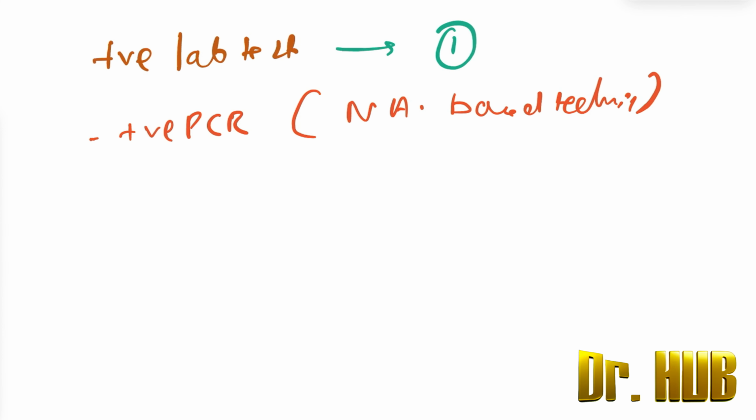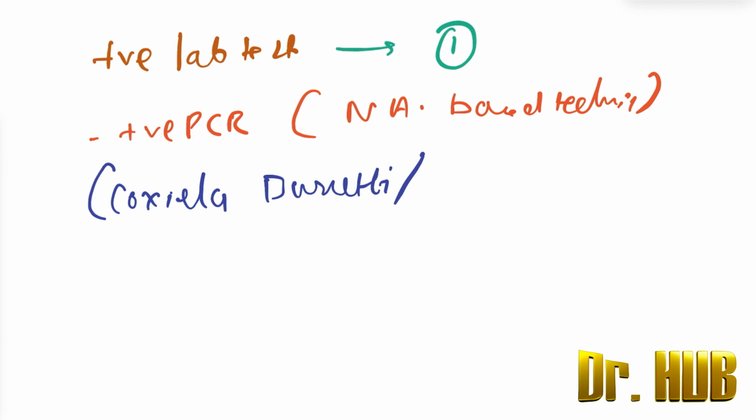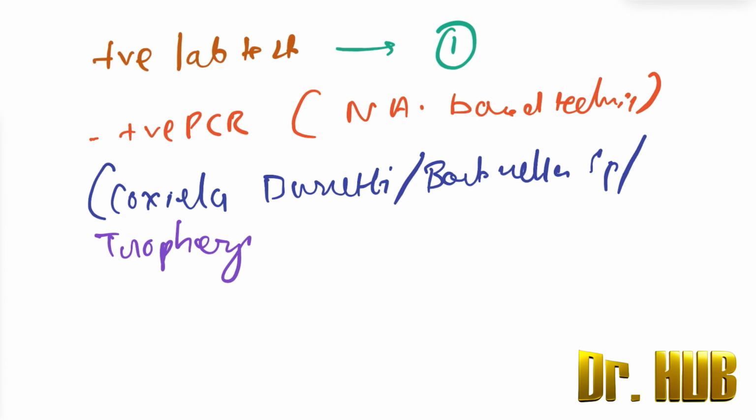What are the microorganisms included? It includes Coxiella burnetii, Bartonella species, and Tropheryma whipplei, and these are from blood.